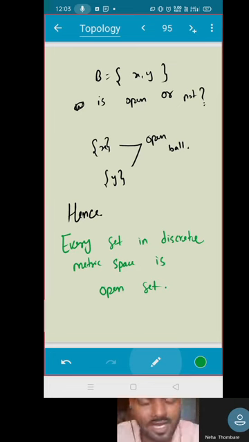Later on we will be proving that every set in a discrete metric space is a closed set also. That means in a discrete metric space, sets are both open and closed, and these sets are called clopen sets. This is a closed set also, an open set also.